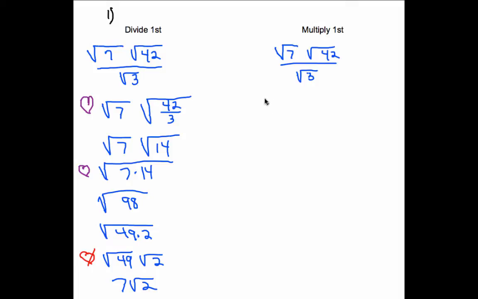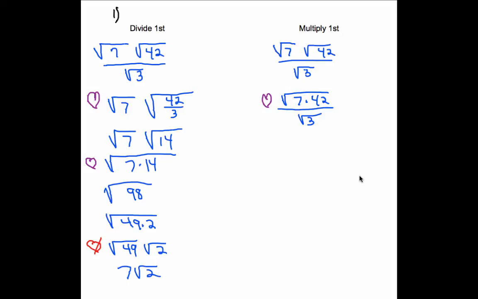So we will get the square root of 7 times 42 divided by the square root of 3. You should probably multiply the square root of 7 times 42 on the side. Make sure you get it right. And when you do that, you get the square root of 294 divided by the square root of 3.